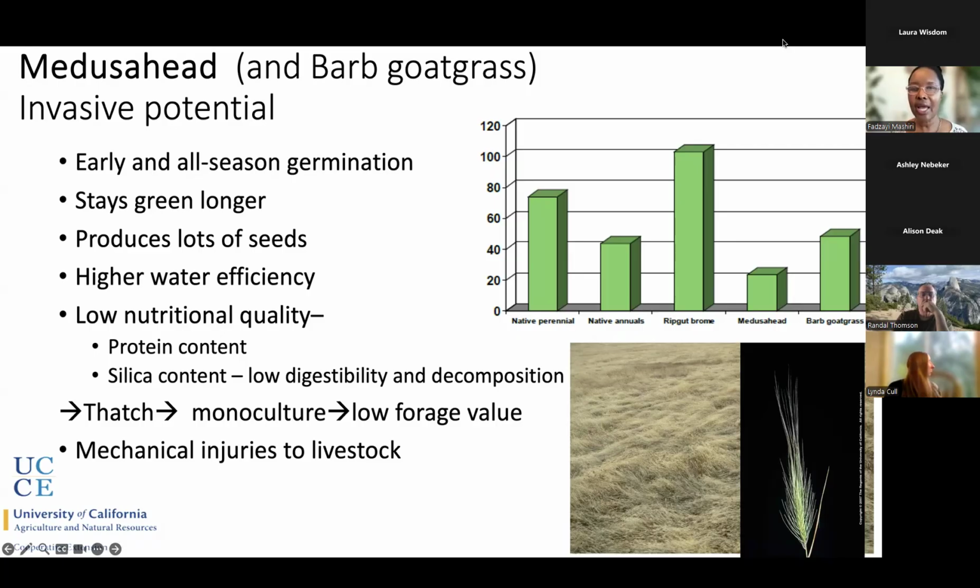So by the time the other more desirable or less invasive species germinate, the medusahead has established its roots and has captured the area or the niche around them.